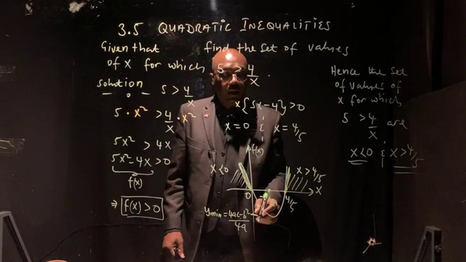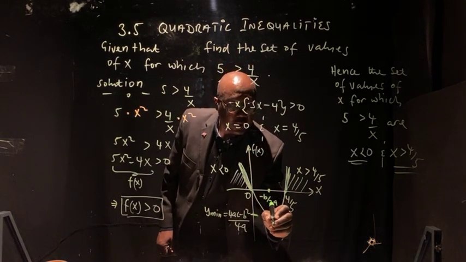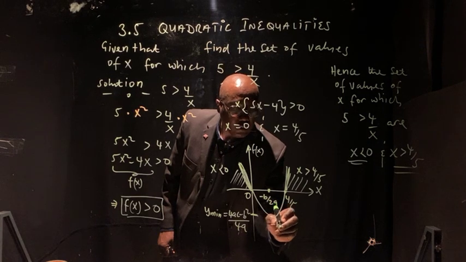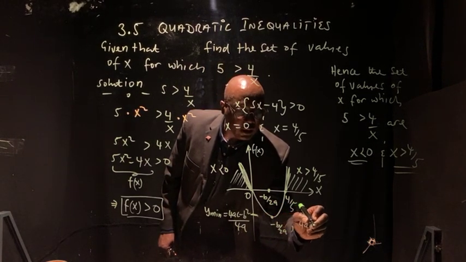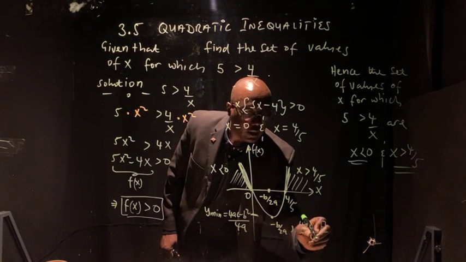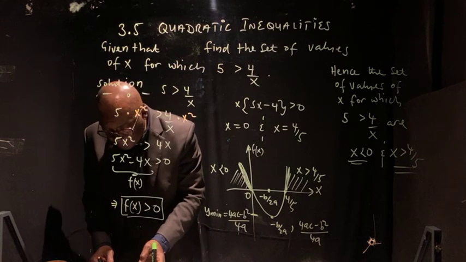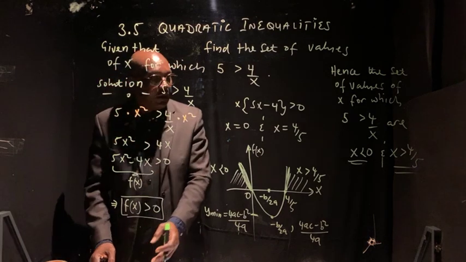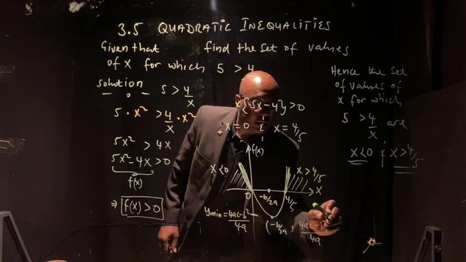And you can see also that the coordinates of the turning point is minus b over 2a, 4ac minus b squared over 4a. Let me see whether you can see it. Yes, you can see it. Very good. This is the coordinate of the turning point.